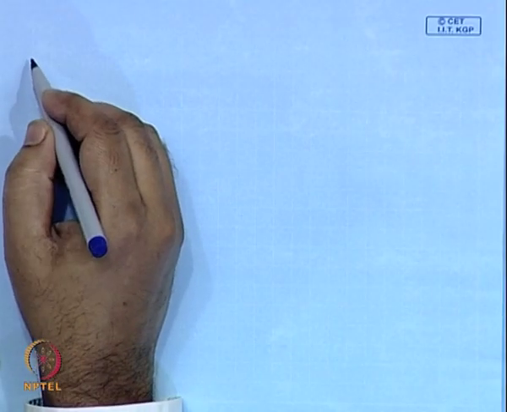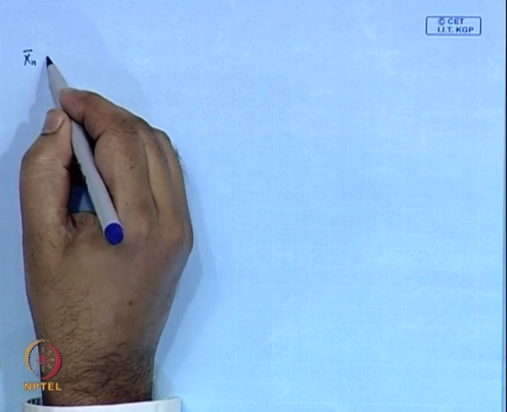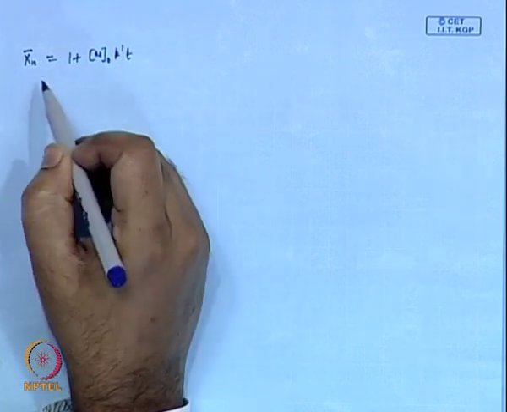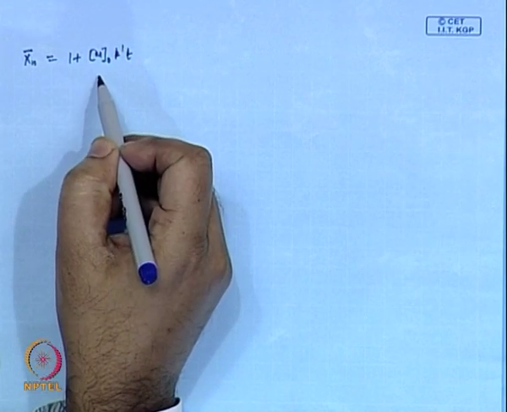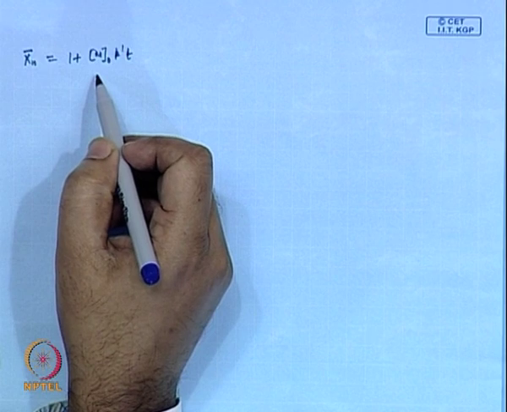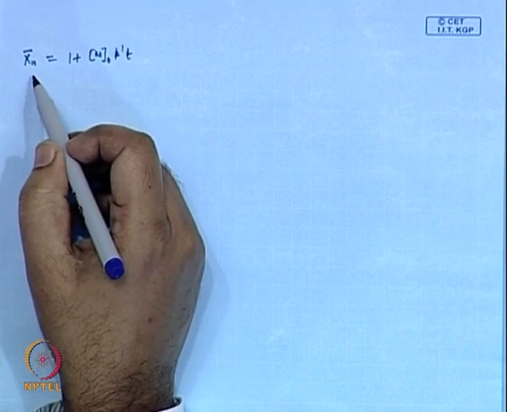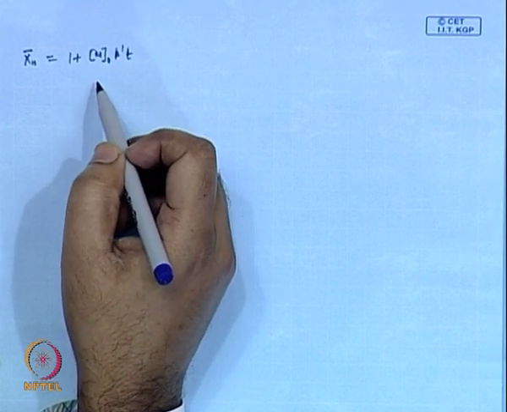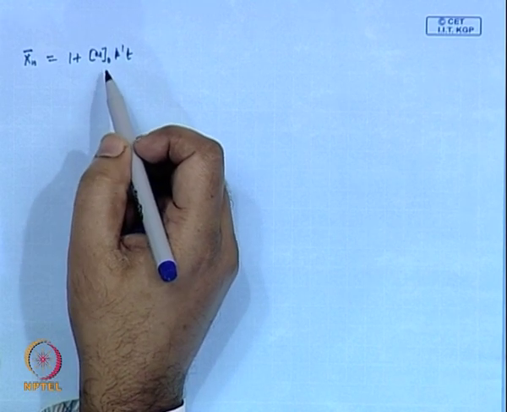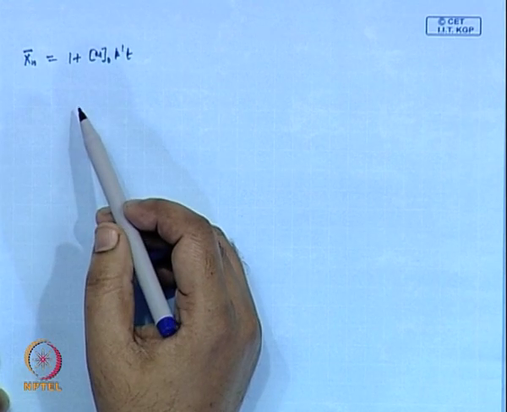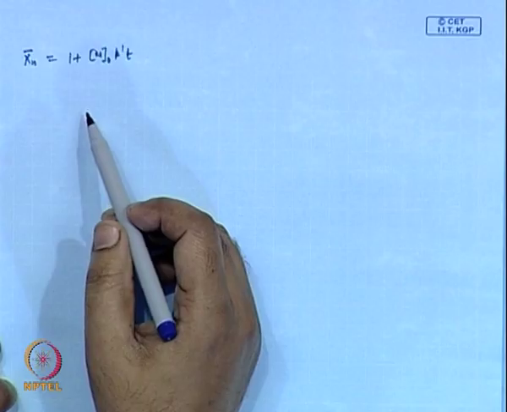What we also have seen from this equation is that Xn bar is linearly dependent on the initial monomer concentration as well, which means that for a given rate constant, it is always preferred to use a high concentration of monomer, and that is why typically these reactions are done at very high concentration in solution, or in some cases in bulk.